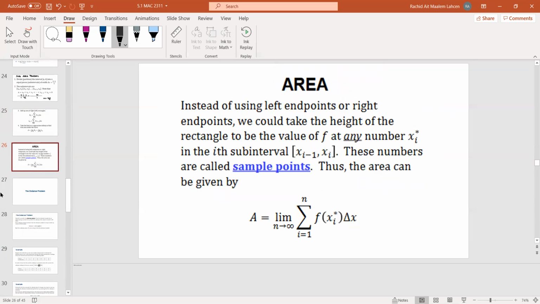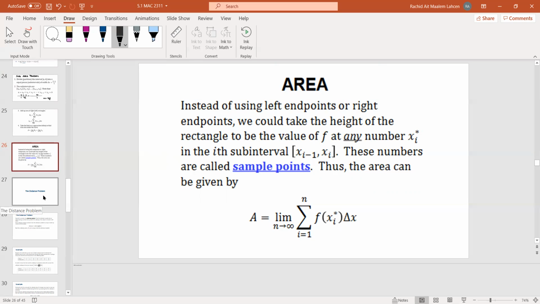I also mentioned that instead of using the left endpoint or the right endpoint, you can use sample points. The sample point could be where the curve is intersecting each rectangle, or some people also use the midpoints.